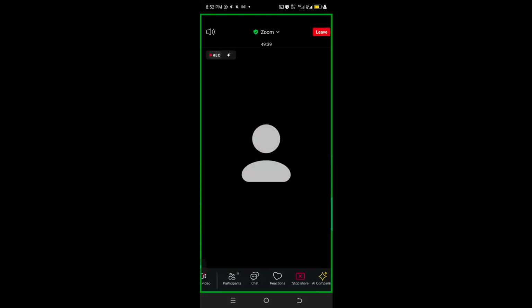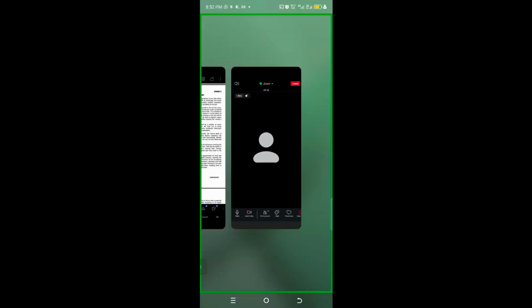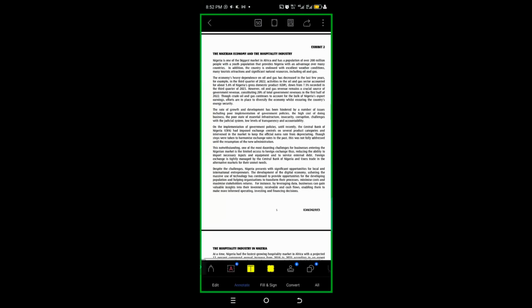Yes. Okay, with what my other colleague read, from the first listen, I understand that yes, there are great opportunities for Travex in this hospitality industry because it showed that in Nigeria here, they have very excellent conditions where many tourist attractions and significant natural resources are.